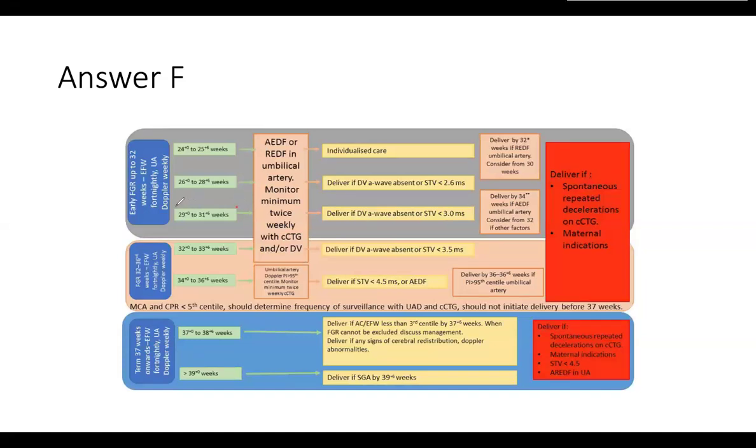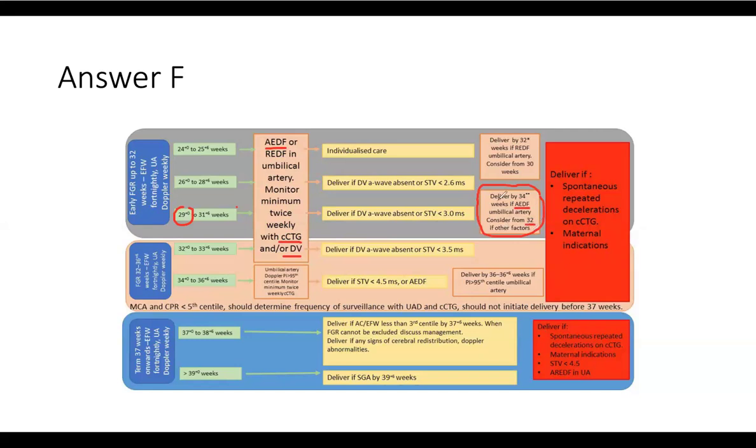The case was diagnosed with FGR at 29 weeks, with the Doppler absent in the diastolic flow, and followed up by the computerized CTG and/or the ductus venosus. Everything stayed the same. So he is now asking you about the delivery, and here is the delivery plan. They wrote in this box: deliver by 34 weeks if absent diastolic flow in the umbilical artery Doppler, and consider from 32 if other factors, okay?